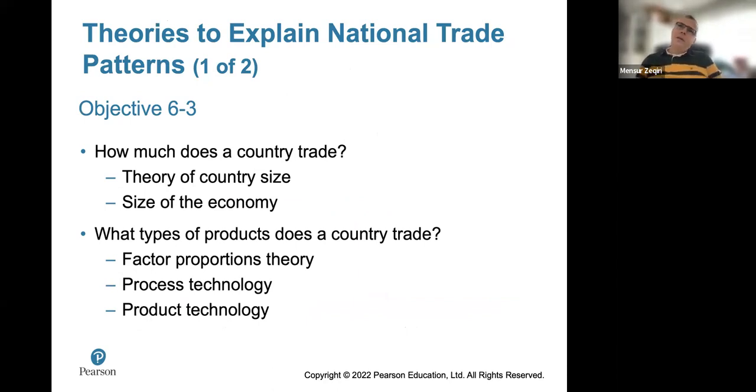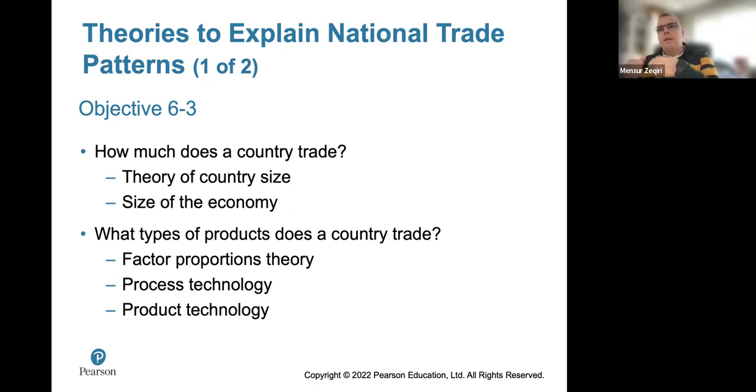There are some other important theories that we need to mention at least, and those are the theories to explain national trade patterns. When we talked about free trade theories, those demonstrate mainly how output growth occurs through specialization and free trade that the countries do have.